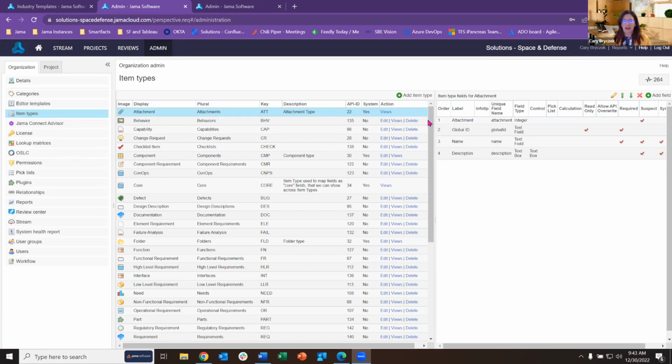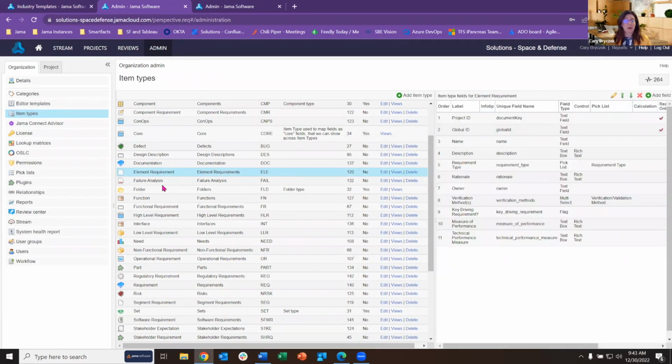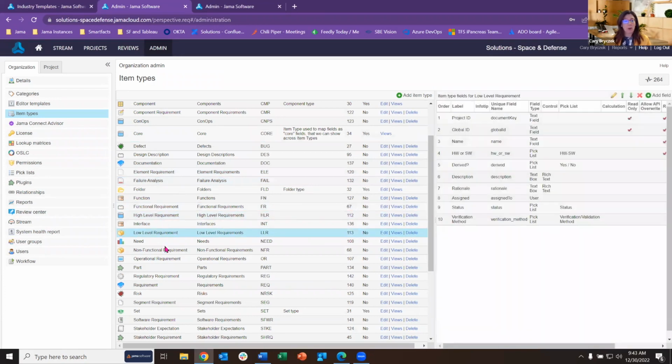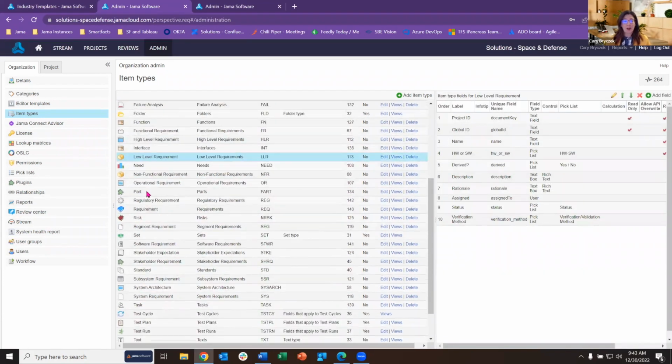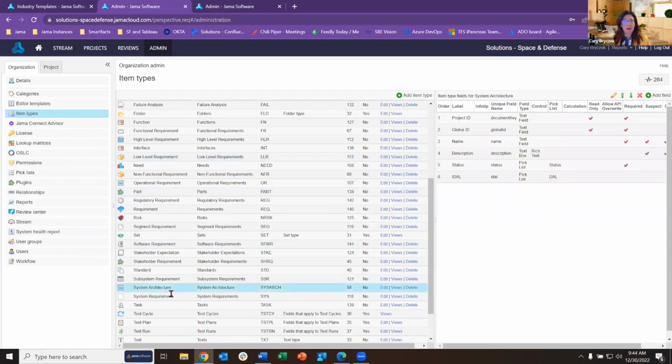So in A&D and in space defense, you're looking at different types of element requirements, different failure analyses, functional requirements, high-level and low-level requirements for avionics systems, parts. All of these are pre-configured with the most common types of attributes ready for you to use right out of the box.